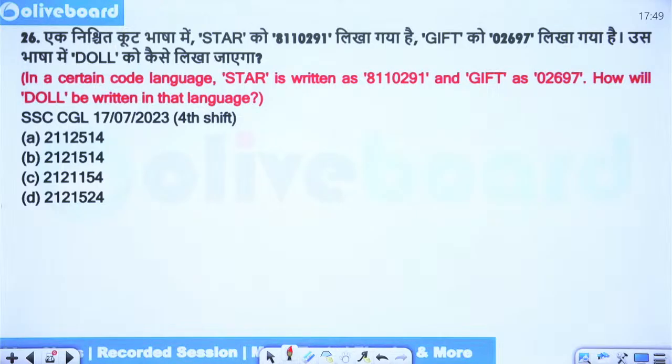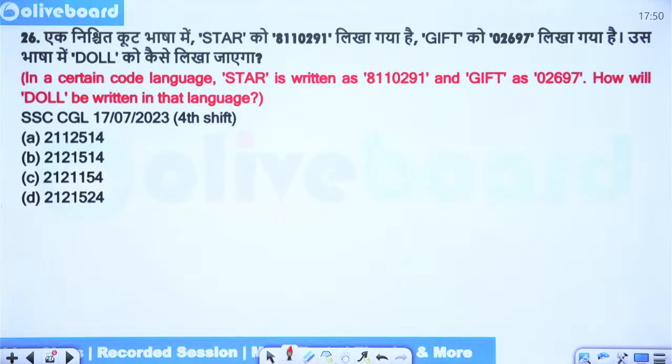R is written as this, gift is written. The problem is our mindset is not going to fall there right away unless we are in good practice. You're going to think with a lot of things. For example, S and 8, you're going to think that this is a reverse. But then you'll observe G and 0. That's not how it works. Also, 0 being coded for a single letter has never happened. That means something else is happening. So S, what else can we do? 81, can we pick up the first two letters, 81? But why would they write 0, 2 and not 2 instead? That's also not it. 0 is separate.